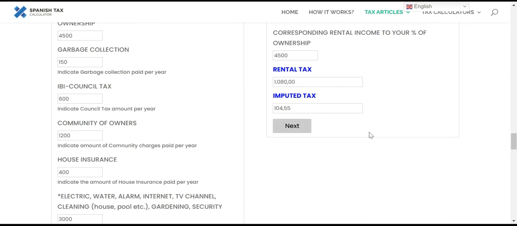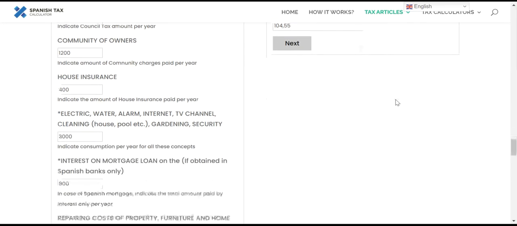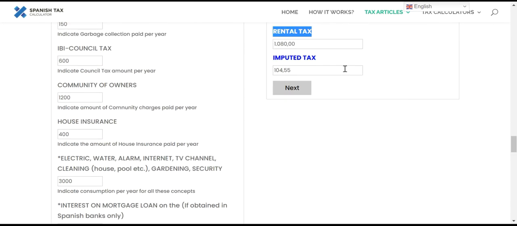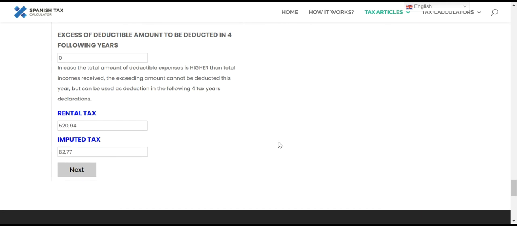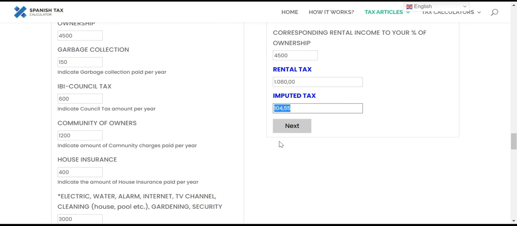So now you see the difference. First, you have noticed that all these concepts that were reducing the rental tax are not considered when the resident is outside the EU. And also the tax rate is not 19%, it's 24%. It's the same for the imputed tax, which is obviously higher than the imputed tax in the case of EU residents.